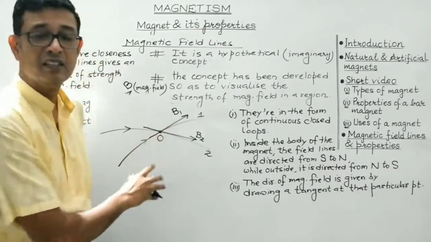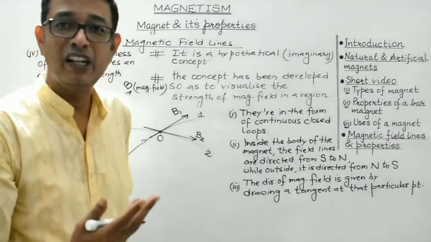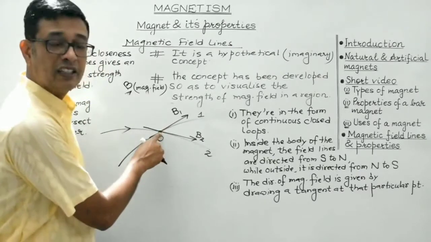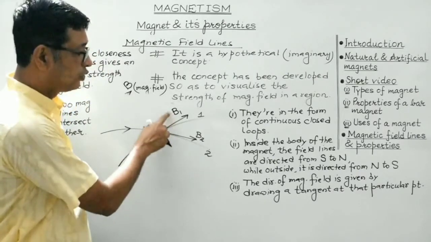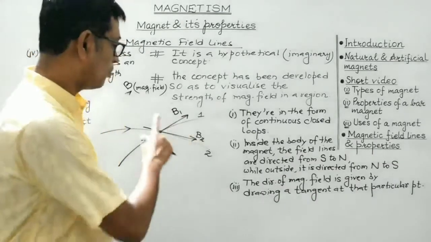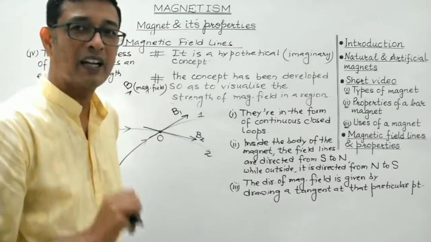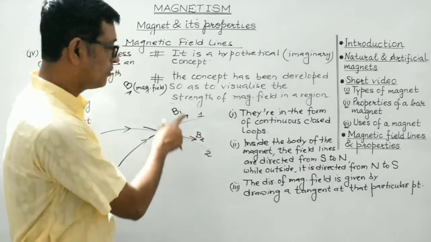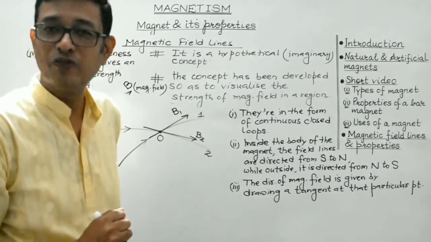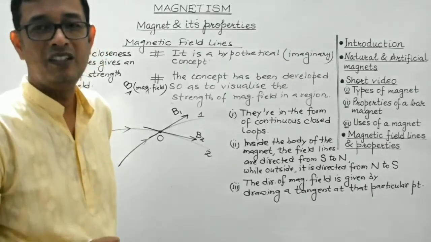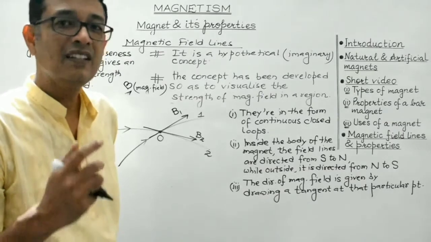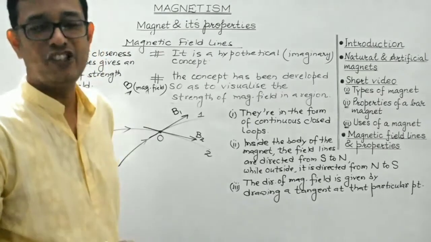Here, if we assume the field lines to be intersecting with each other, then at the point of intersection, we are getting two different directions of magnetic field. Whereas at point O, there should be only a particular direction of magnetic field. But here, due to the intersection of magnetic field lines, we are getting two different directions, which is obviously not possible. So this is the reason why magnetic field lines can never intersect each other.